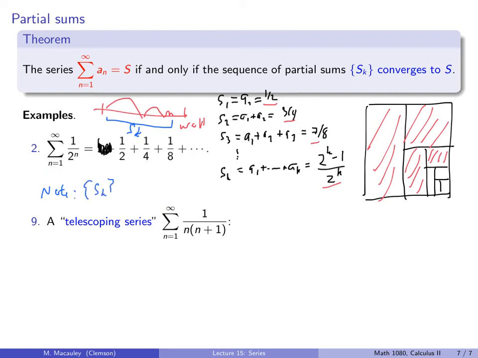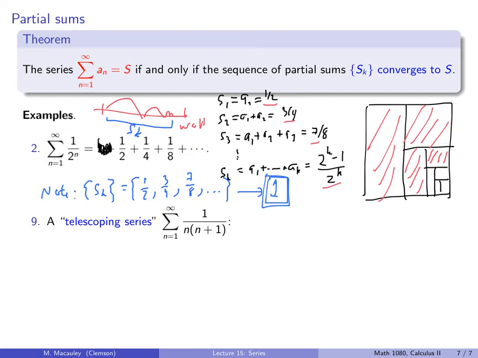Sk is 1/2, 3/4, 7/8, and this sequence converges to 1, and therefore this series of terms converges to 1 as well. It's easy to mix up the words sequence and series.